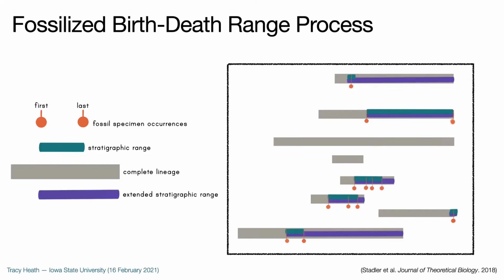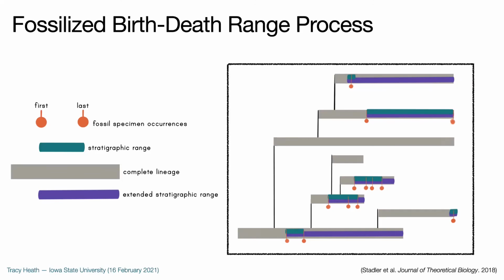And so for every sampled lineage, the model then marginalizes over the extended stratigraphic range. Even if we observe part of a lineage, we can marginalize either analytically or algorithmically the extension of that range that we don't observe.